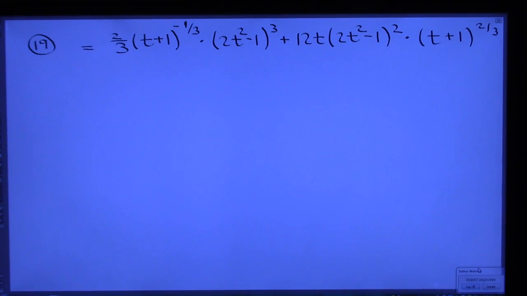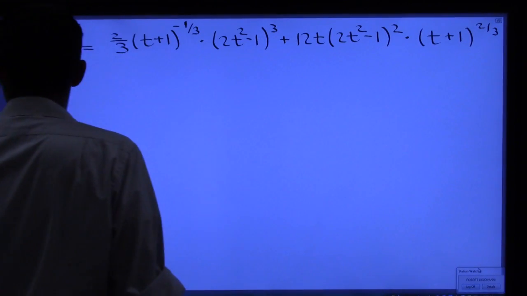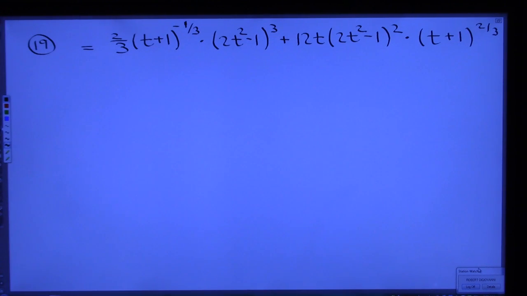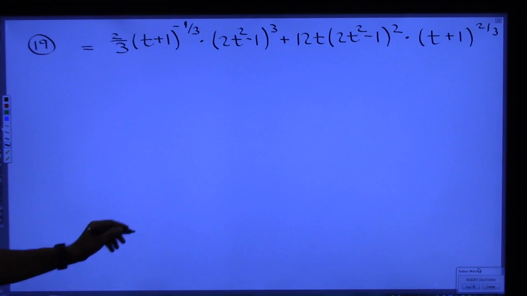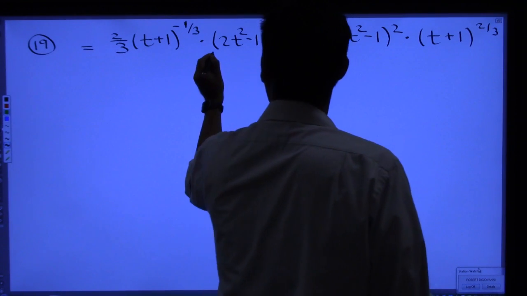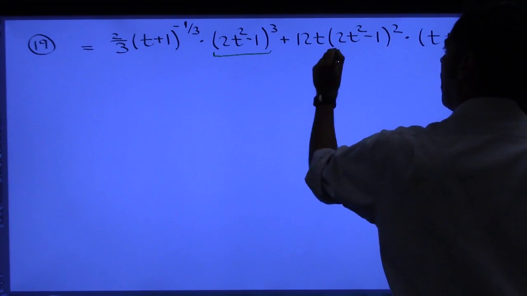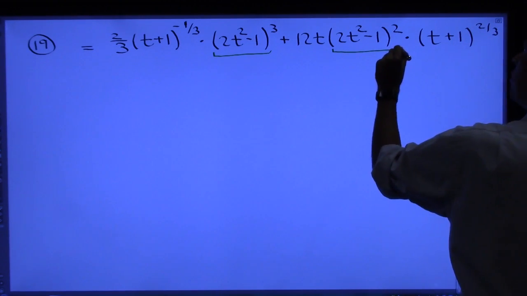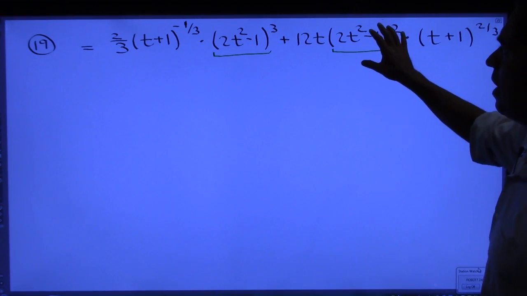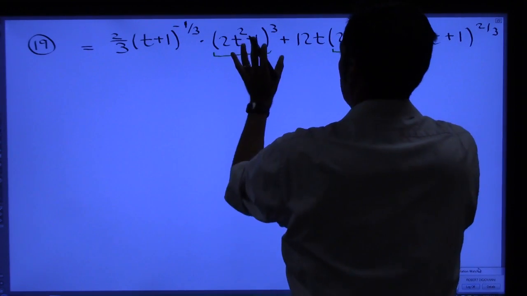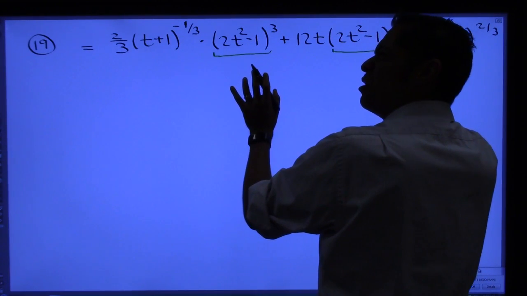All right. First thing I'm going to notice is that I have some like terms, right? I have (2t squared minus 1) to the 3rd power, and then over here I have (2t squared minus 1) to the 2nd power. So remember, there's two major terms in this. I have common factors. Did I say factors or terms?